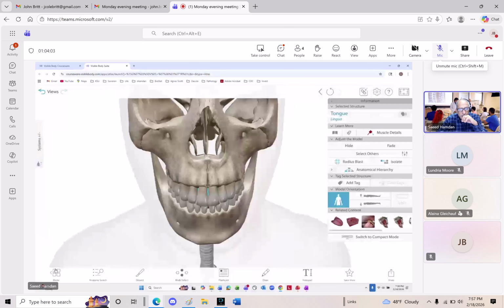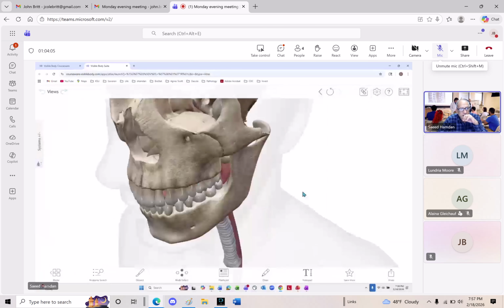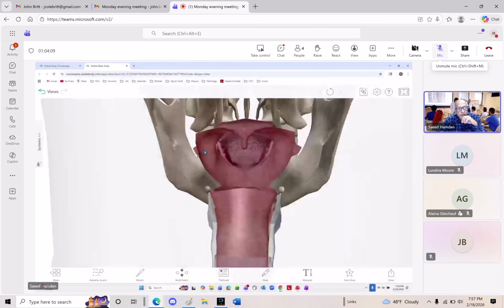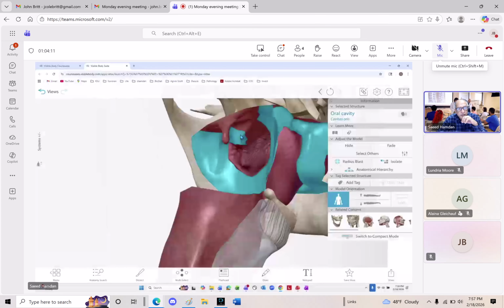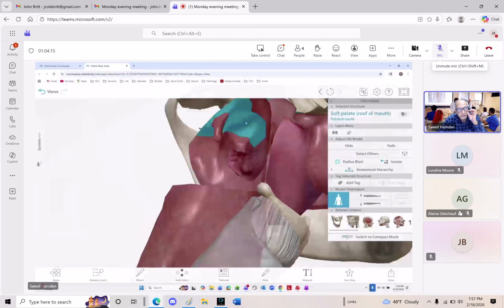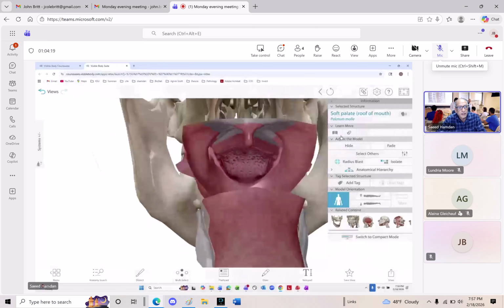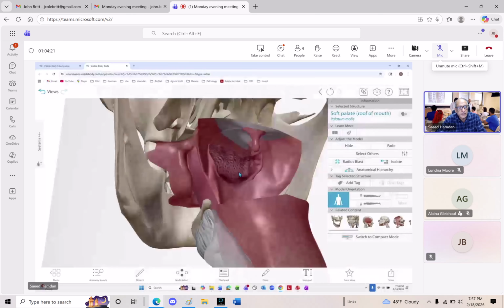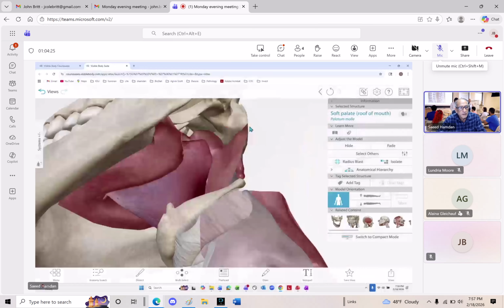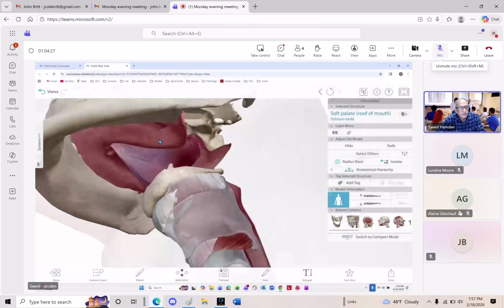Not this model. This is the same one I got. You can see the fold from here, from the back, but you need to be able to see it from the front. That's the oral cavity, and these are the folds. That's the roof. You need to be able to see it from the anterior aspect, but I'm not able to show you.